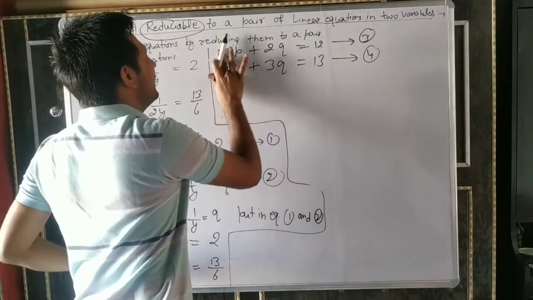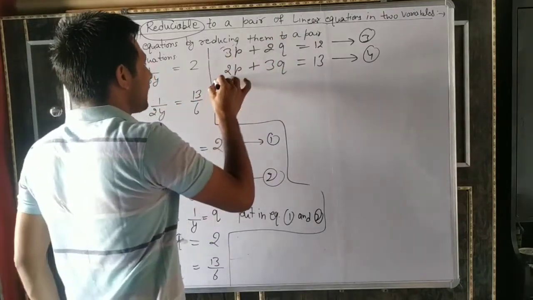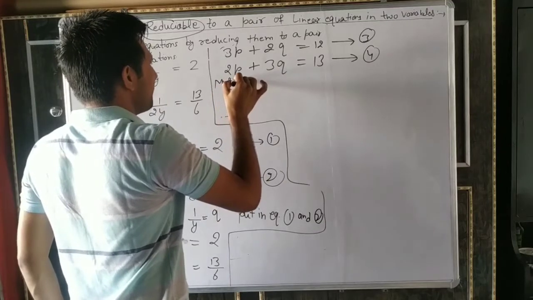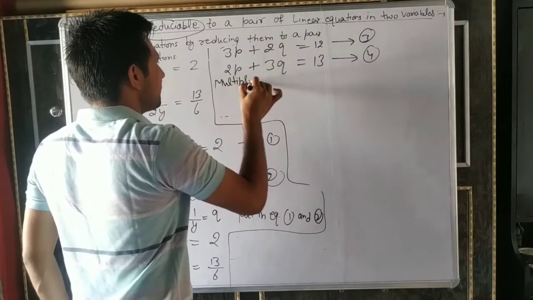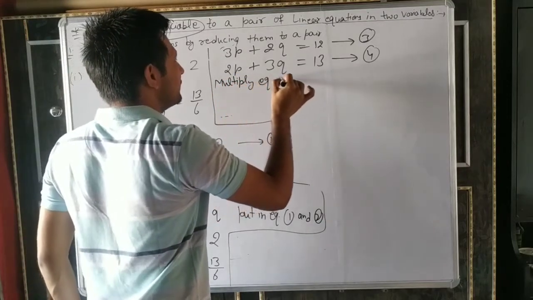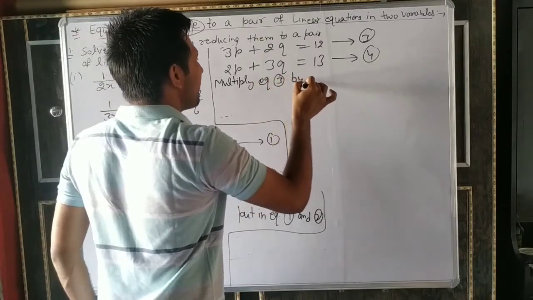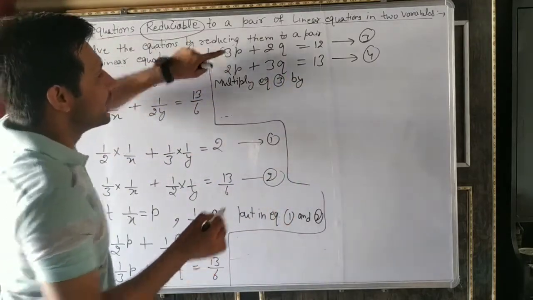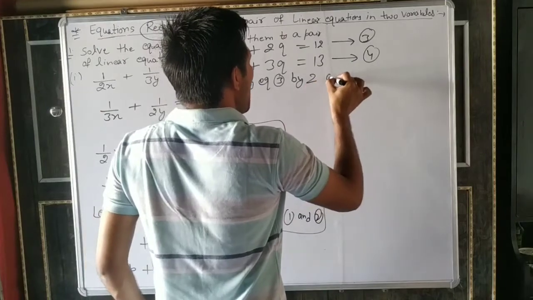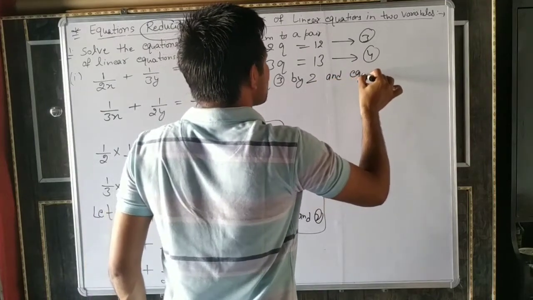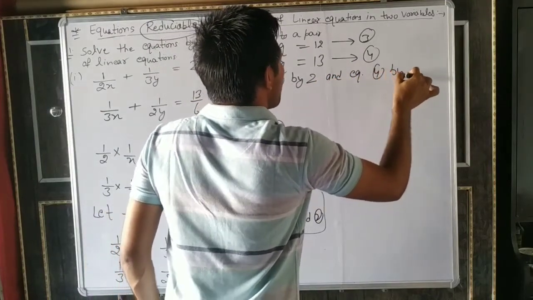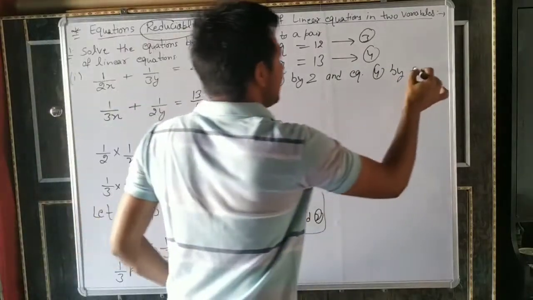So we will write: multiply equation 3 by 2 and equation 4 by 3.